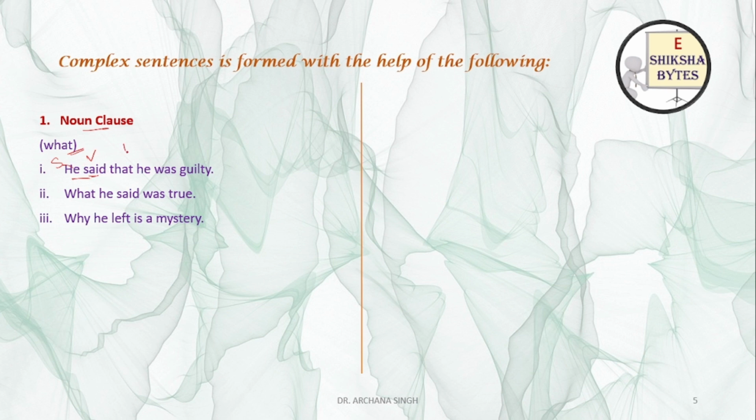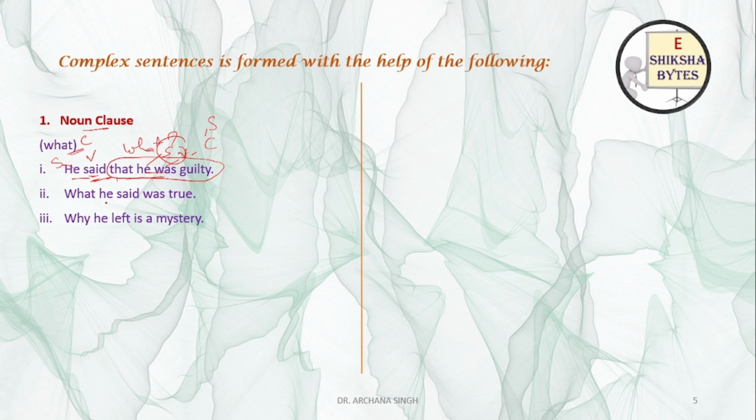Now, he said what? That he was guilty. This portion is your clause. This is one clause, and this is another clause, but this one is your subordinate clause. Why? Because of the question: he said what? That he was guilty. He here is your subject, and was is your verb. So again, this is a sentence, but this is incomplete.